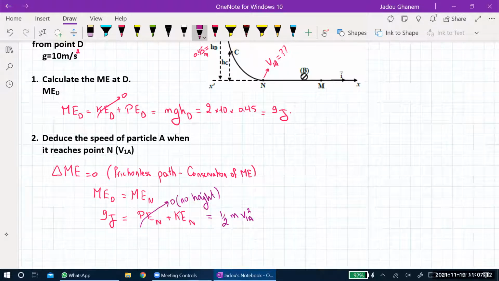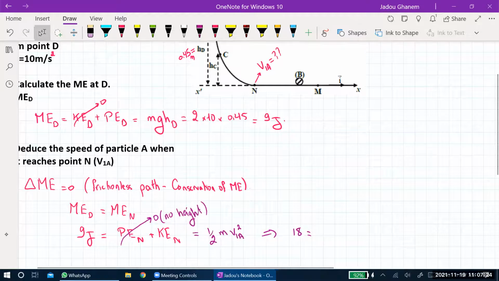Now we can do a little mathematics. So 9 times 2 is 18. The mass is 2 kilograms, and here V1A squared.